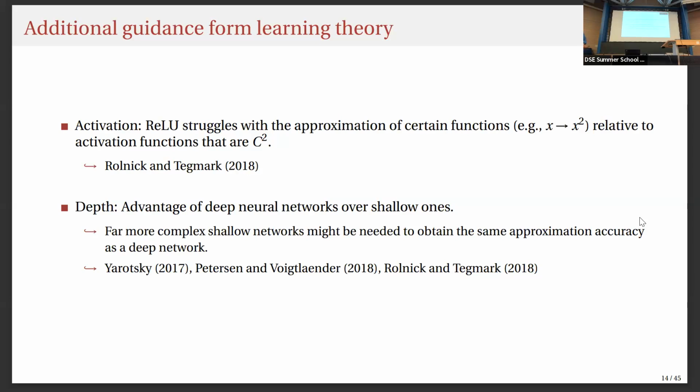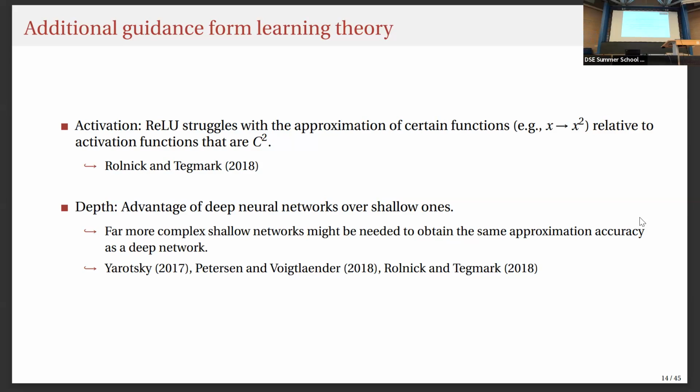For something like a quadratic function, it is not trivial to have an accurate approximation with the ReLU family. You will be better off using an activation function that is second-order continuously differentiable. There are some references on this, and this is one of the reasons that drove us to choose not the ReLU for our application, but rather the swish function, which we can talk about later.